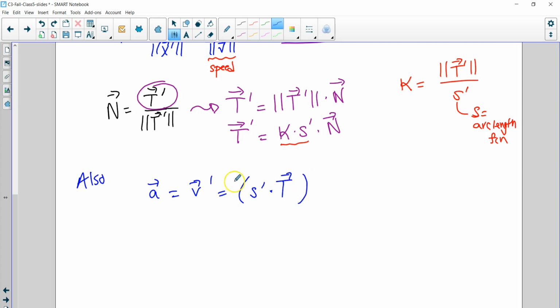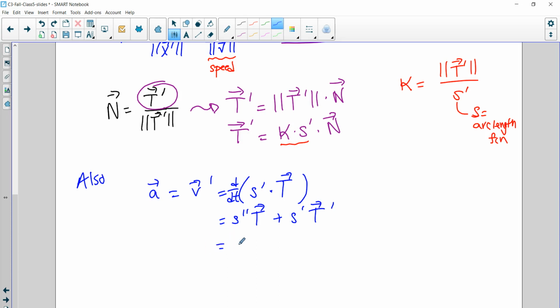Okay, and so I take the time derivative of that. Well, by definition, this is going to be s double prime times the unit tangent vector plus, and then doing chain rule here, it would be s prime times vector T prime.